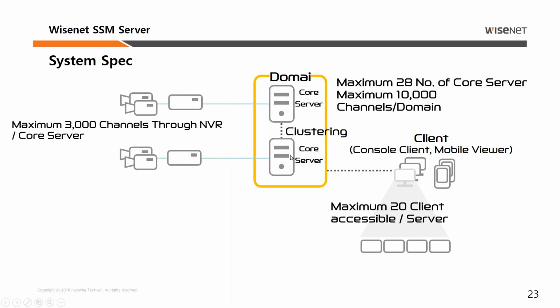Each server 3000, 3000, 3000, up to a total of 10,000. Every server can have 20 clients, and you can have 40 clients. Roughly speaking, 20 operator PCs can connect to that server with 3000 cameras. They can do live view, playback, and so on. Mostly sufficient.